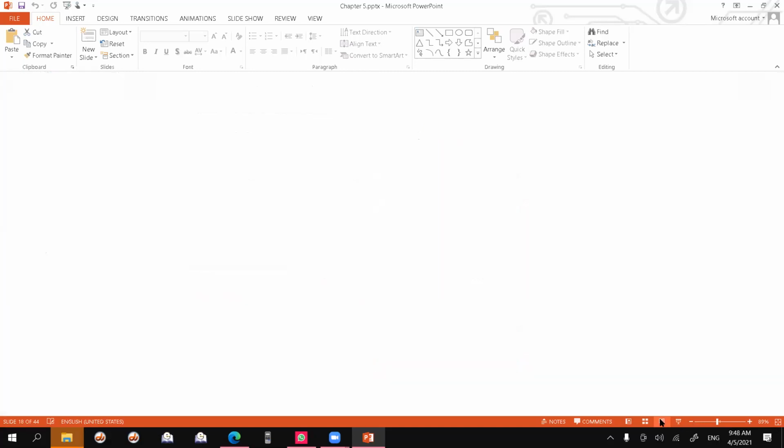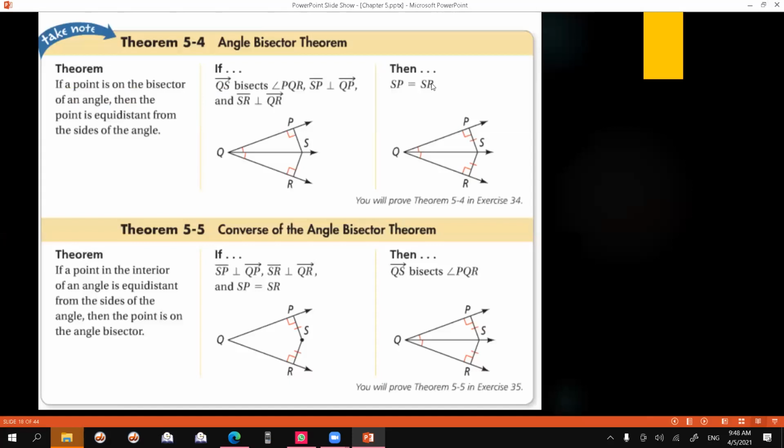Now here, I will give you an introduction to the angle bisector theorem. In this theorem, they say that if QS bisects angle PQR, then SP will be perpendicular.